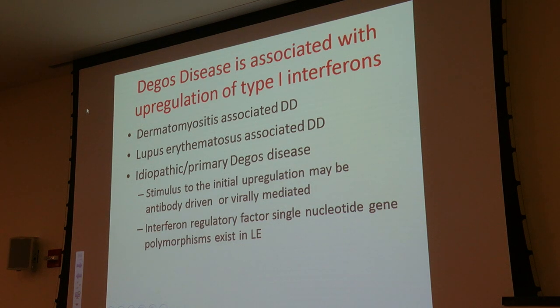So it could be a combination of antibodies and a monogenic phenomenon with a single nucleotide gene polymorphism. But also I think in the idiopathic setting, and likely in some cases of pediatric dermatomyositis, we have to consider a viral trigger as well.